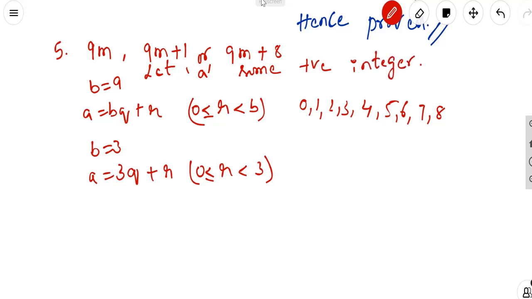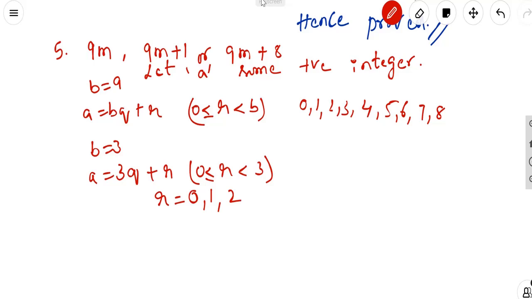Everyone please write down this line. So what will be the value of r from this equation? The value of r will be 0, 1, 2. It cannot be 3. It should be less than 3. So the value of r is 0, 1 and 2.